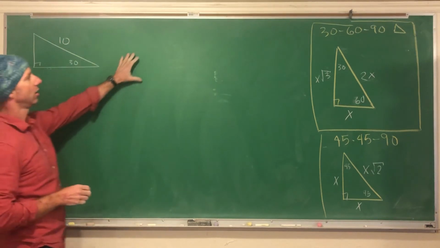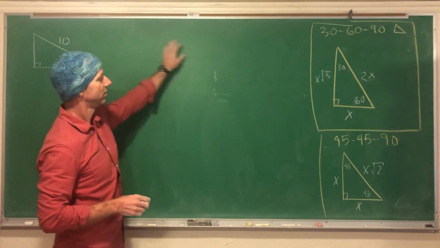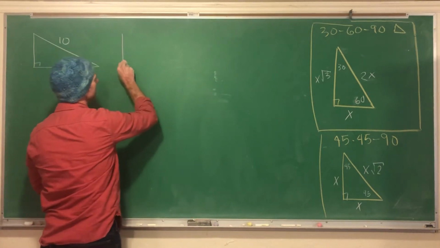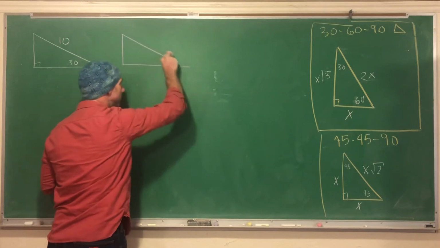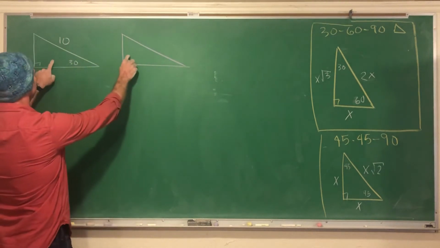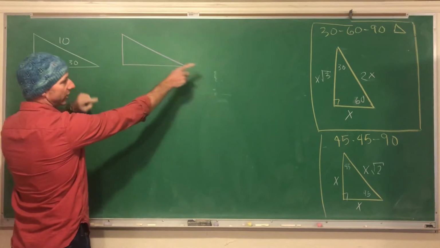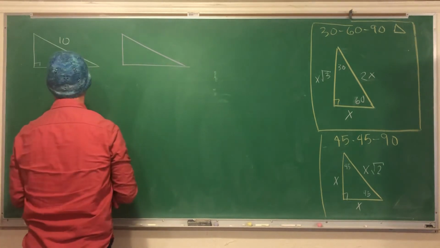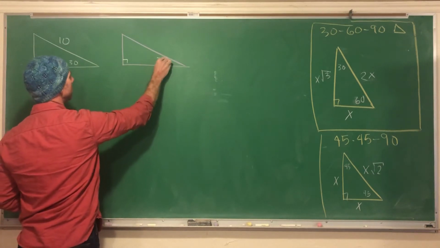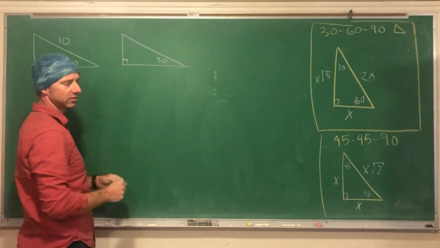And I'm going to draw this model right next to it in the same orientation. You'll see that it's sideways versus that one's upright. Doesn't matter. So 90, 30, and we can go ahead and start labeling it.